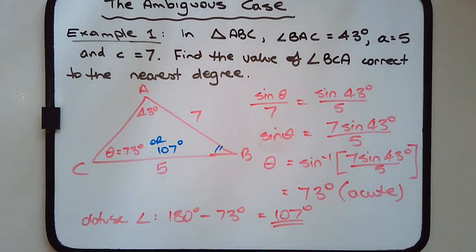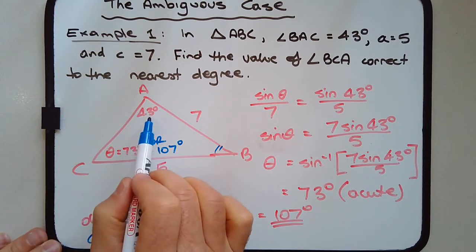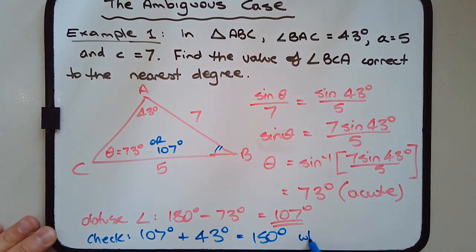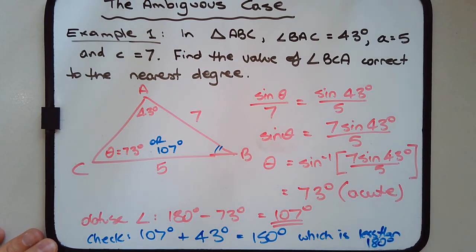So the quickest check would be: take the obtuse angle that you just found, add it to the other existing angle in the triangle, which is 43 degrees. That's 150 degrees, which is less than 180. Therefore, 107 degrees is valid.